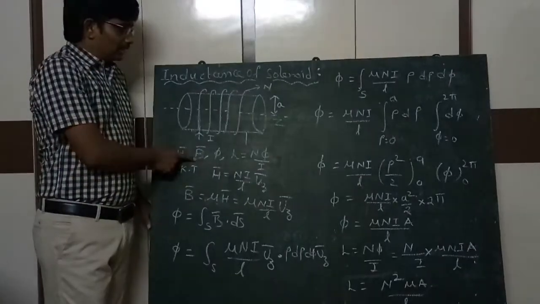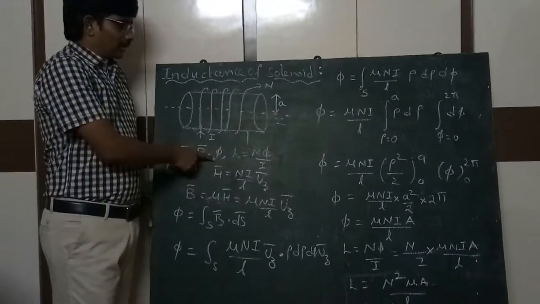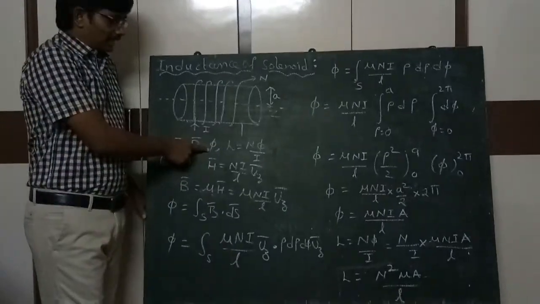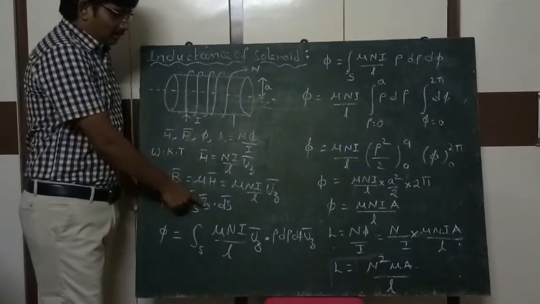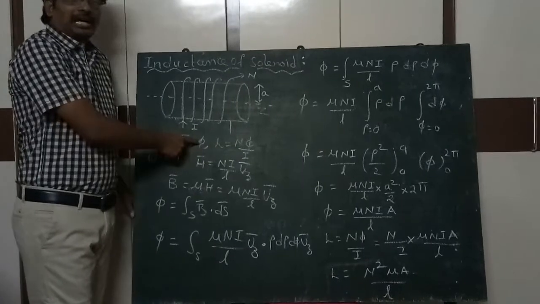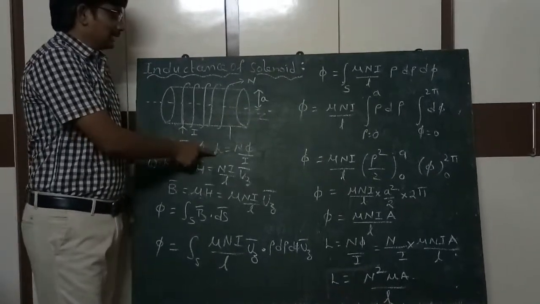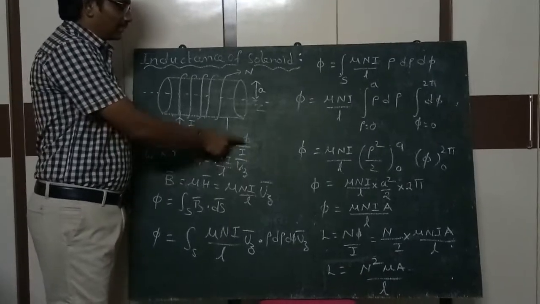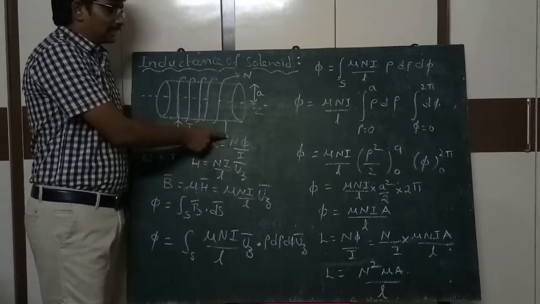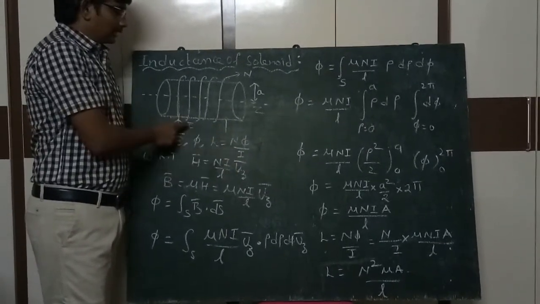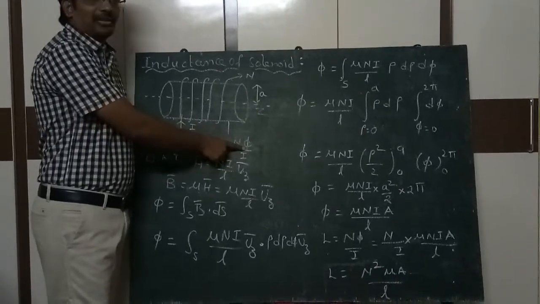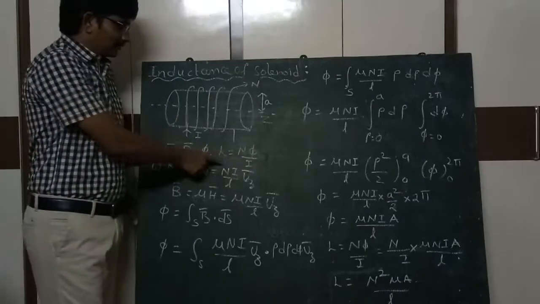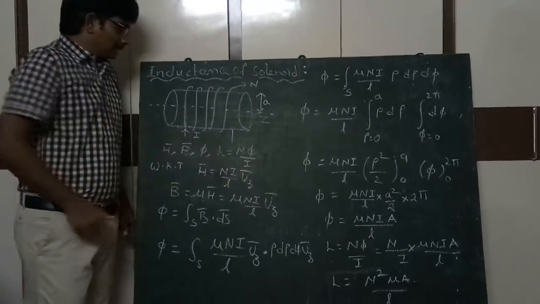From this B bar we determine the flux produced by the solenoid using phi equals surface integral of B bar dot ds bar, and then the inductance using L equals N phi by I, where N is the number of turns, I is the current flowing through the solenoid and phi is the flux developed whenever it carries a current I. These are the steps required.